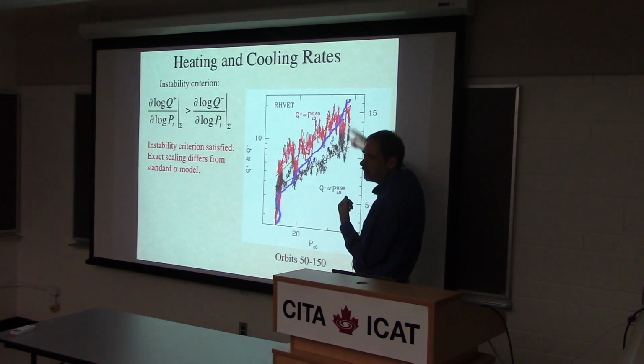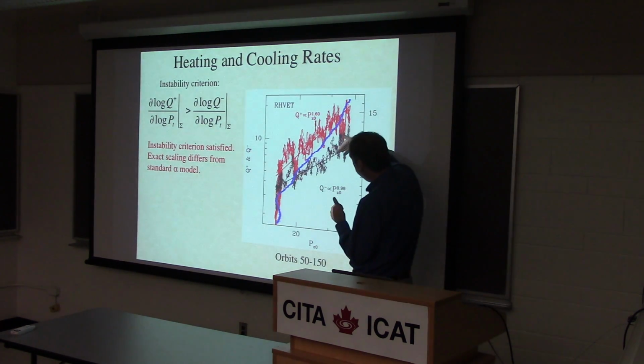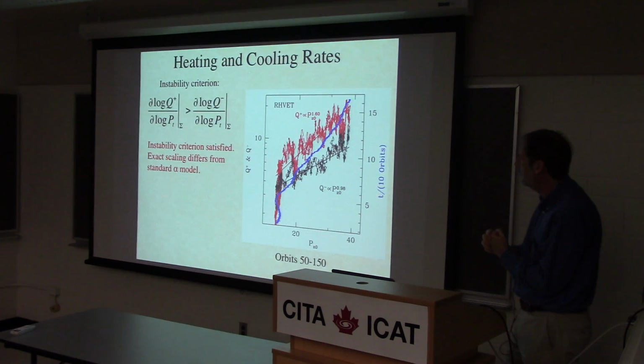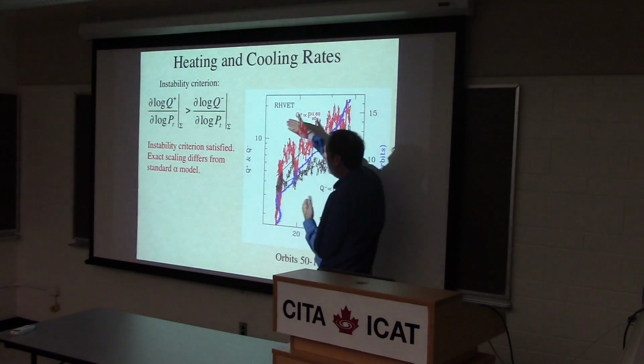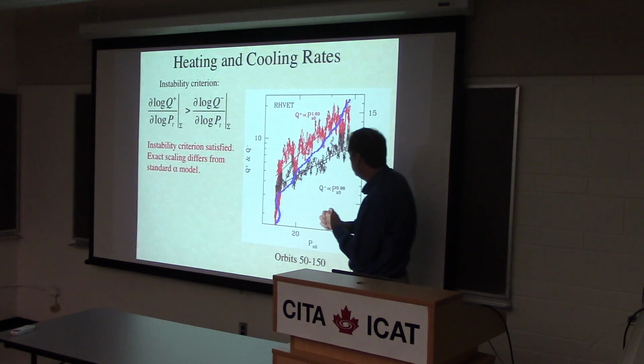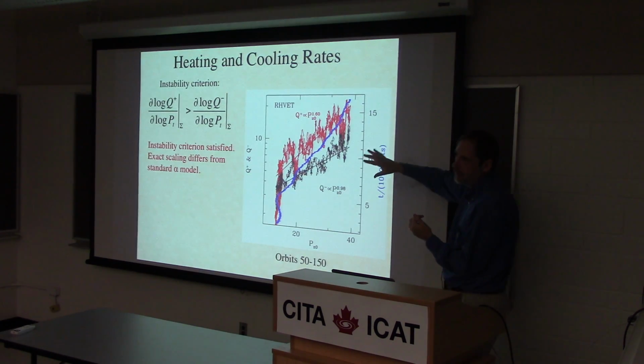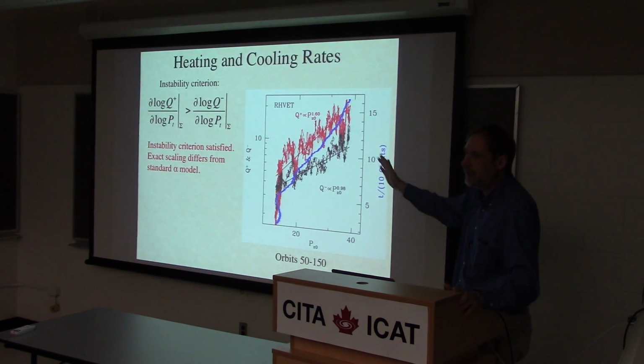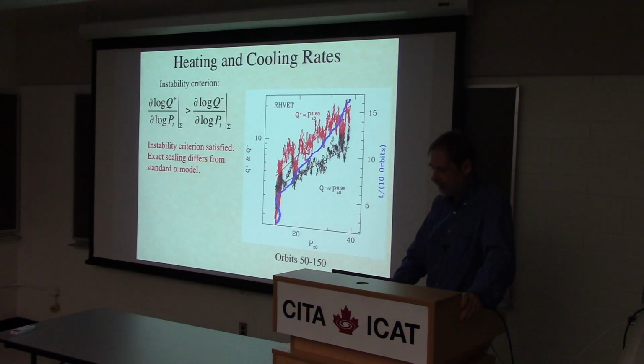They're highly variable in this turbulence, but they have trends that can be fit by power laws. And the power law that fits the heating rate is steeper than the power law that fits the cooling rate. So you satisfy the most basic criterion for thermal instability. Although the slopes of these power laws are very different than what you would predict from Shakura-Sunyaev alpha disk theory, nonetheless, they at least satisfy this condition.